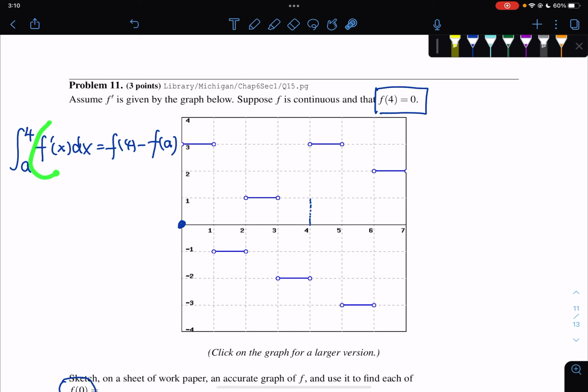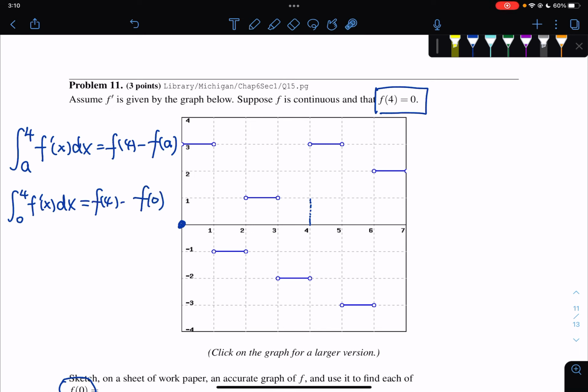If I look at my derivative function, it is a piecewise function. And to look for f of 0, the integral from 0 up to 4 of f prime of x dx is f of 4 minus f of 0.